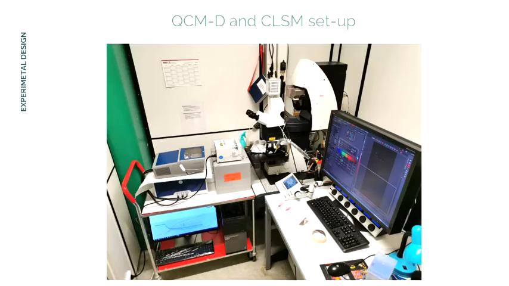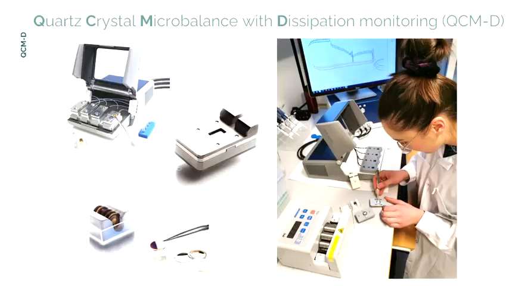So this is our setup in our lab. We have this QCMD machine that is also connected to our confocal microscope. We use two QCMD chambers, these guys. What I forgot to tell you is that the chambers that we use had this window, so this is why we could use confocal microscopy.